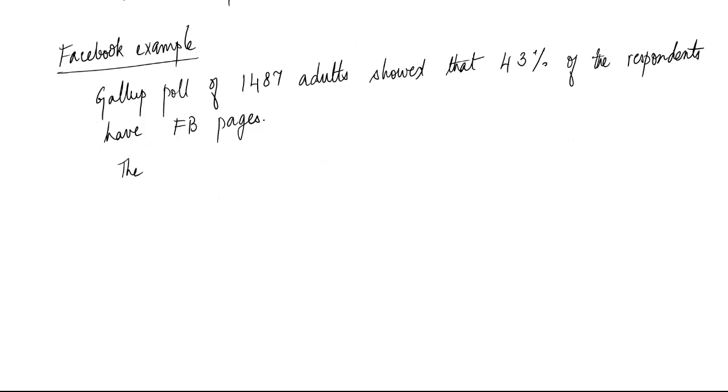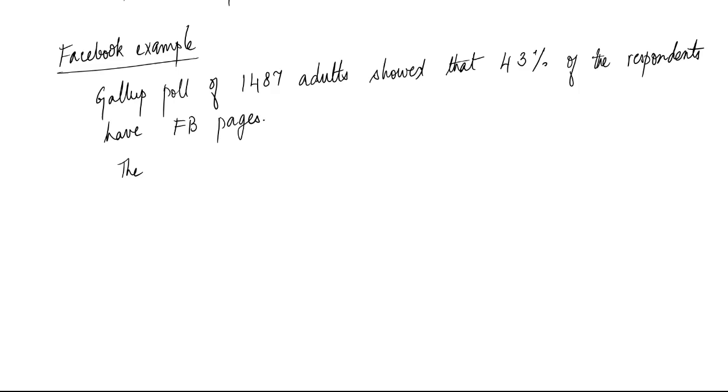And they're also giving us the sample results. You went after 1487 adults and collected their answers, so you can find out how many answered yes, meaning they had a Facebook page, divided by the total number of people who participated.